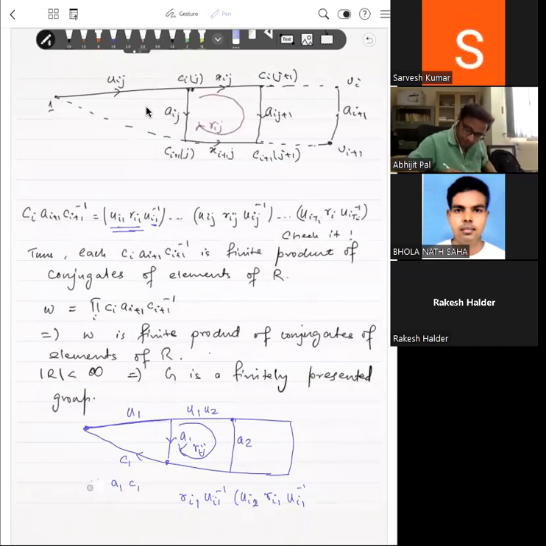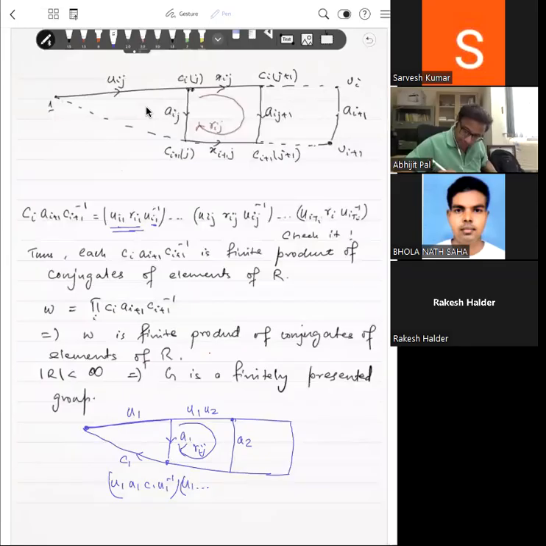Then again you go C1 reverse, and then you circle around these, and you come back to the V naught again, and then you go again. At each time you have to come back through A1 and then take U1 inverse. Now it is, I think, fine. So now again, if I treble, something like this will happen.